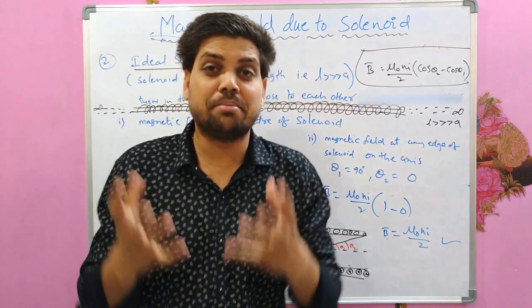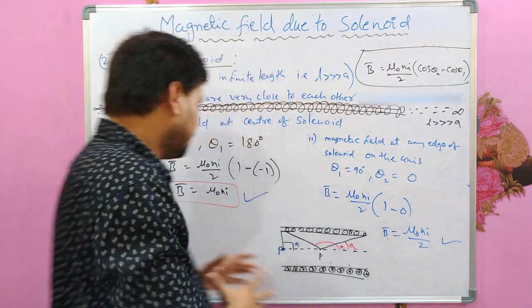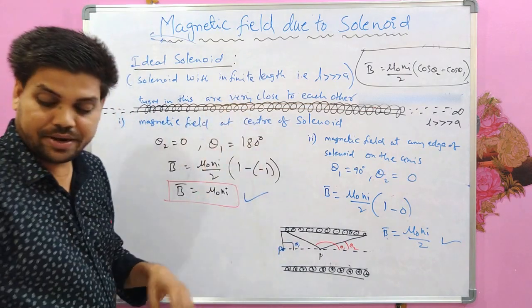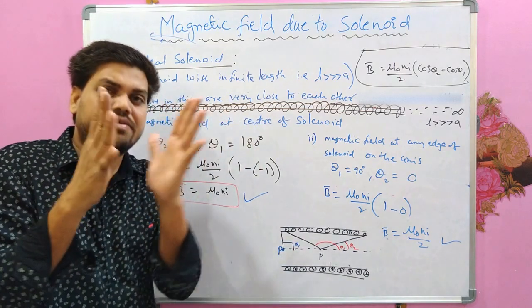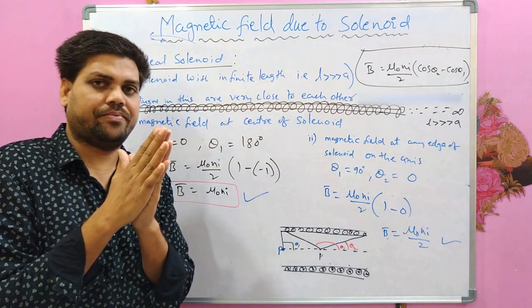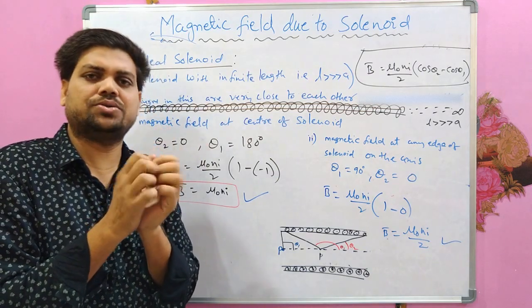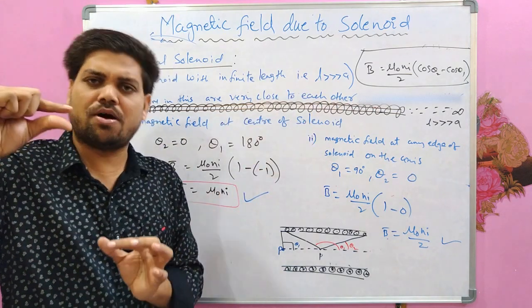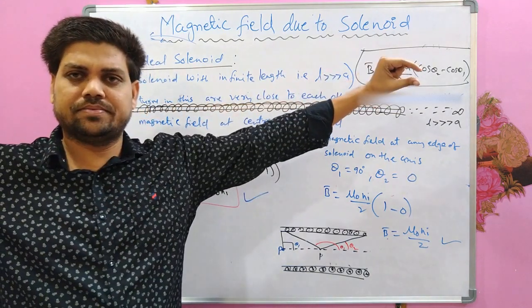Then how do the magnetic field lines look in the case of ideal solenoid? Because the turns are very, very close to each other. The turns are very close to each other in this solenoid, and the radius is very small than its length.